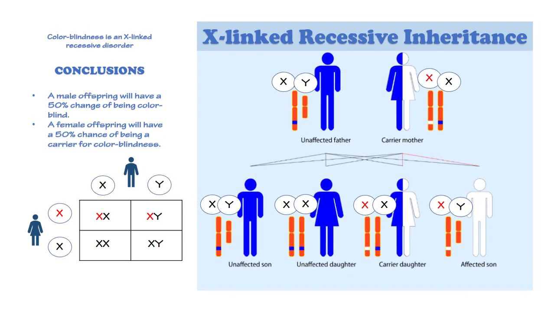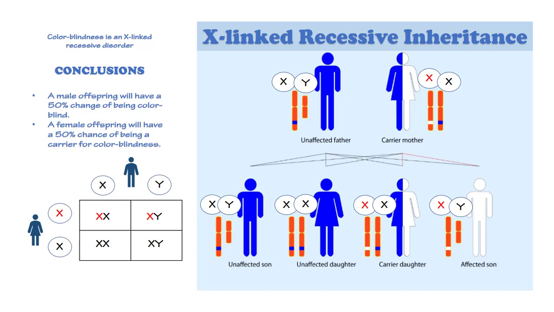we will find that the male offspring will have a 50% chance of being colorblind, and the female offspring will have a 50% chance of being a carrier for color blindness.